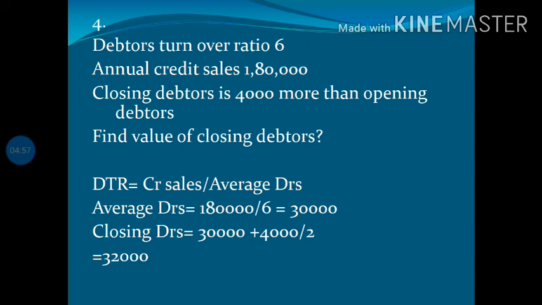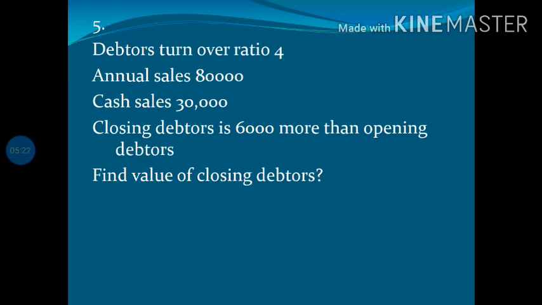Sorry, average debtors is 30,000. Secondly, closing debtors is equal to average debtors plus, because closing debtors is more, plus difference divided by 2. That is 30,000 plus 4,000 divided by 2. 4,000 divided by 2 is 2,000. So 30,000 plus 2,000 is equal to 32,000. That is the value of closing debtors.